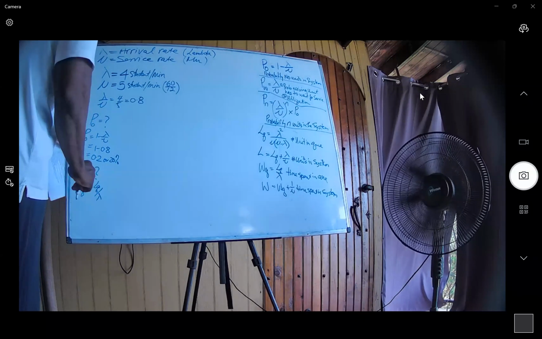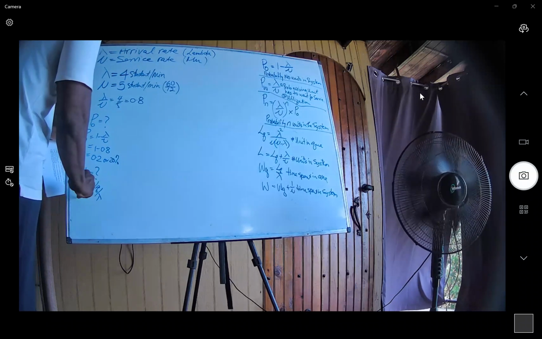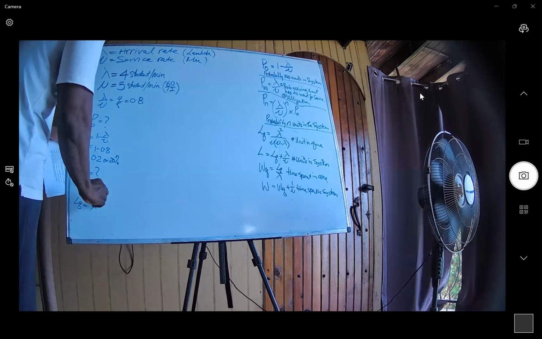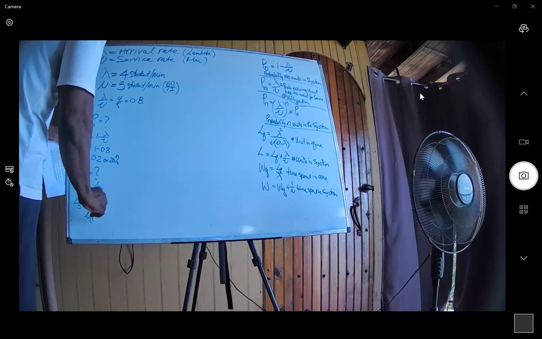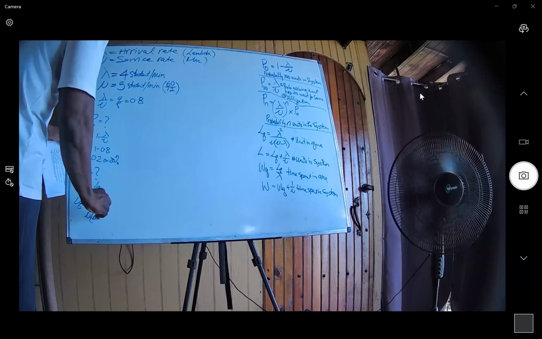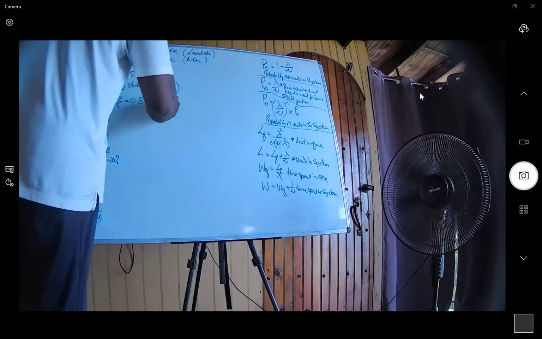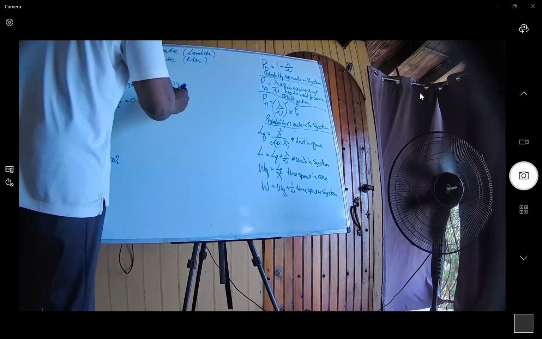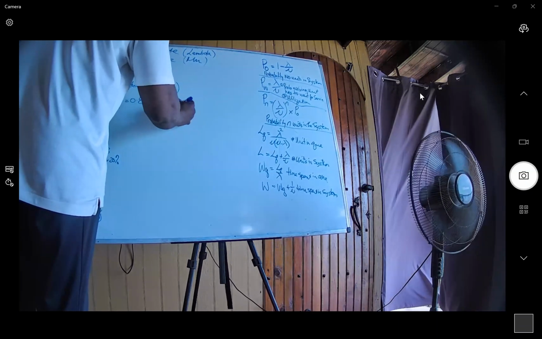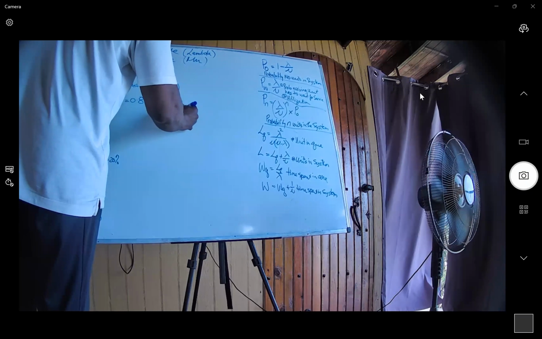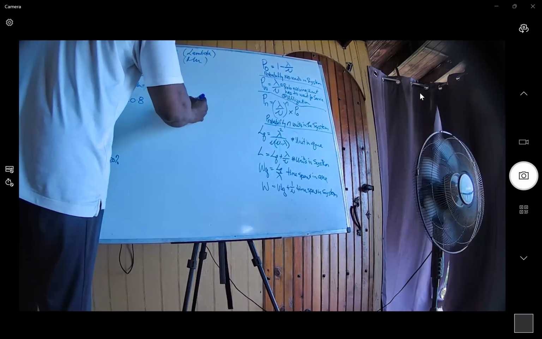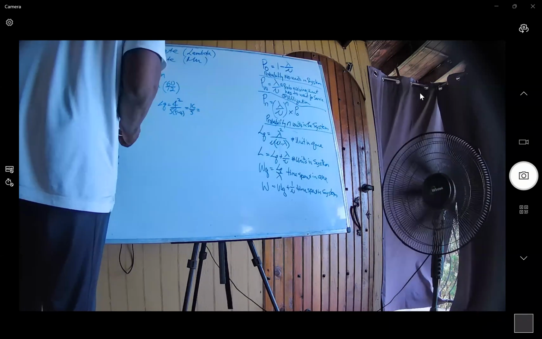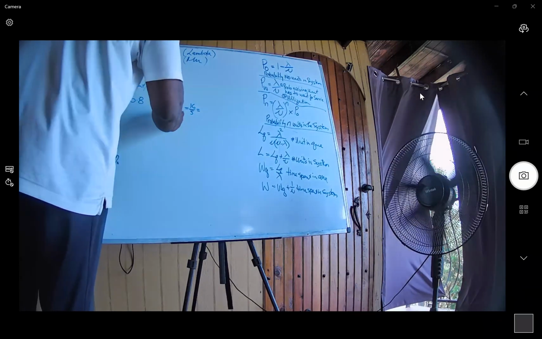To find LQ, LQ is equal to lambda squared over mu times mu minus lambda. So that's 4 squared, which is 16, over 5 times 5 minus 4, so 16 over 5. That's 3.2 students.